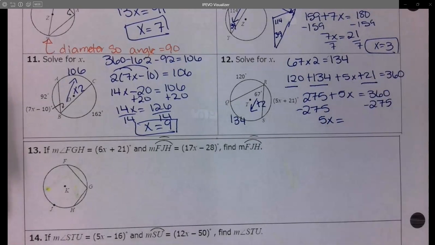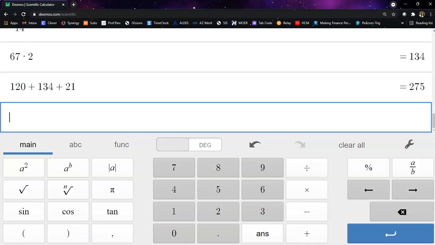So I got 5x on the left, and I need to subtract on the right, which gets me 85.